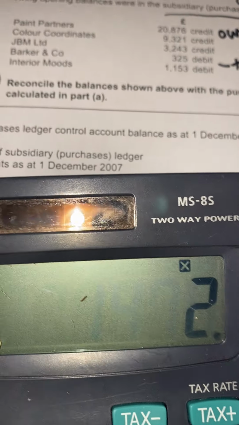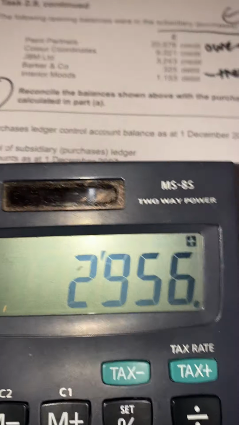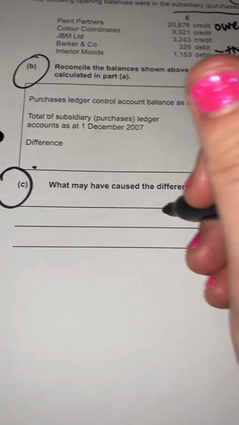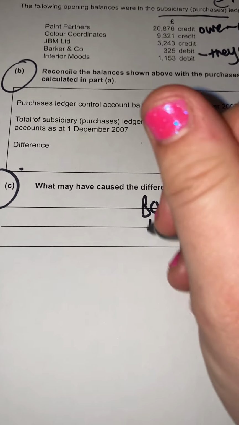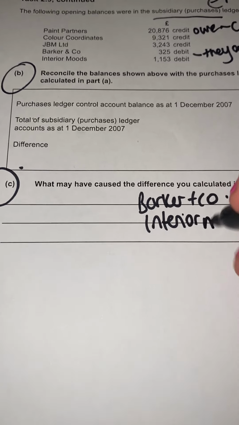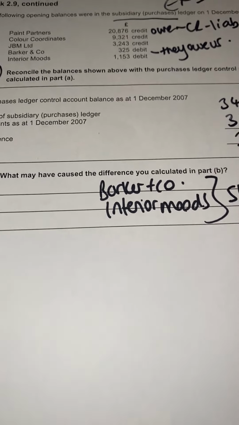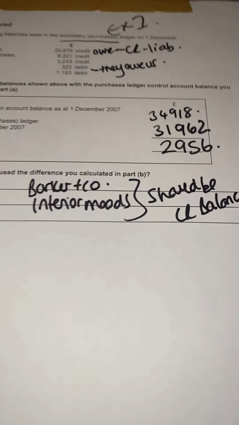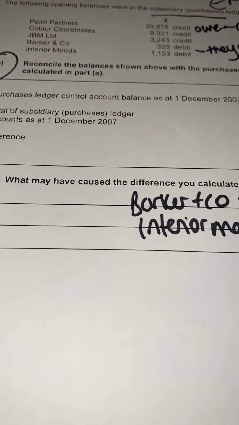So if I was to times that by 2, that would give me the 2,956. So the reason for the difference may be that Barker and Co. and Interior Moods should be credit balances. I just want to illustrate to you why it affects something twice.